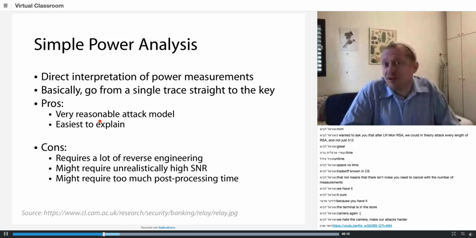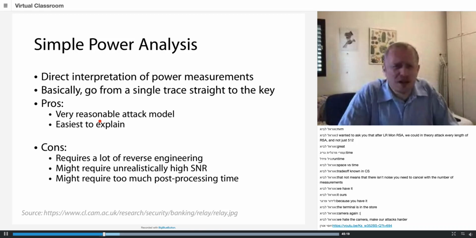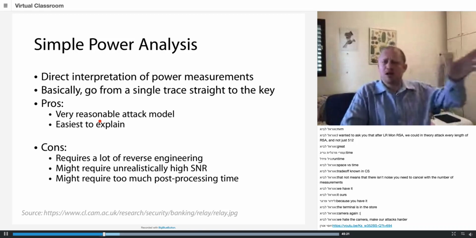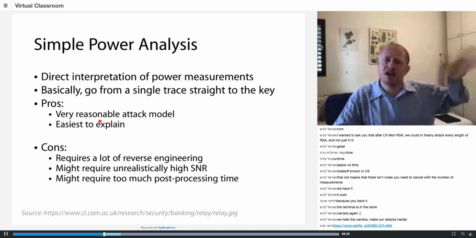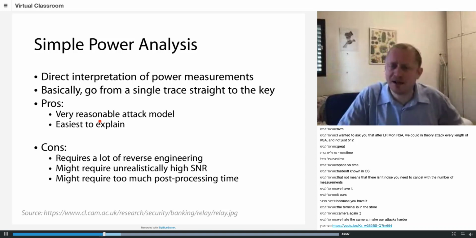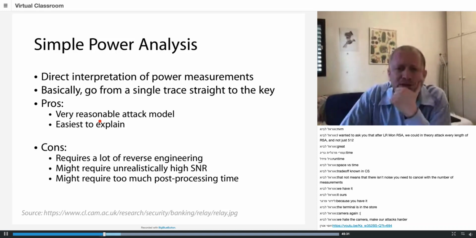And so is this the right key? Let's assume I can check. How can I check if it's the right key? Maybe I have an oracle, like a decryption. I have a plaintext and ciphertext I prepared ahead of time. I can check if this is the right key. If it's the right key, awesome, I'm happy. What if it's the wrong key? What do I do then?